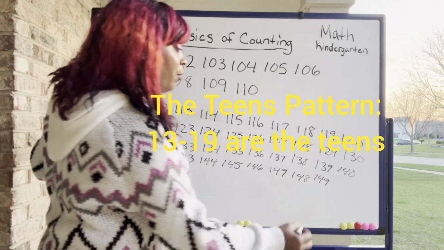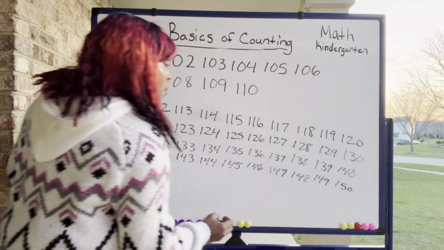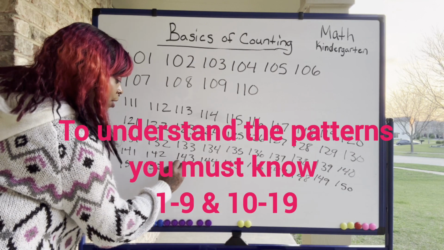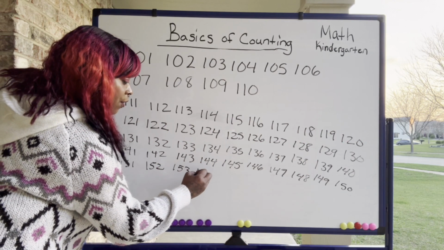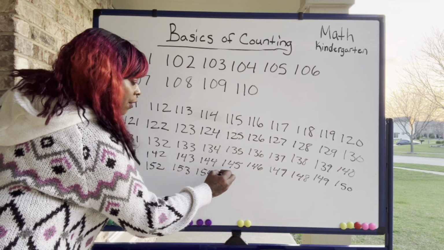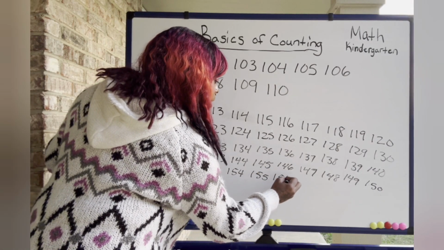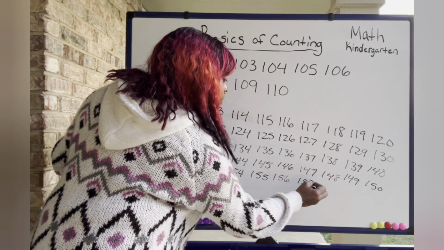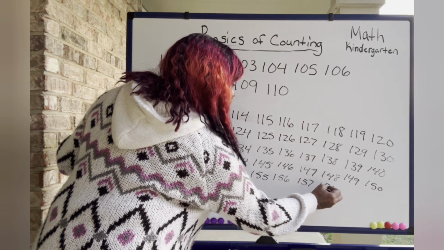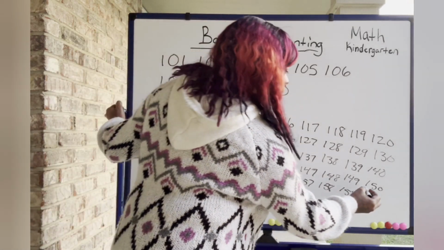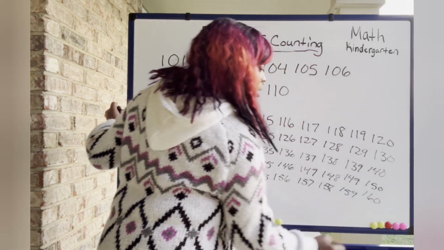It's 50, 150, 151, 152, 153, 154, 155, 156, 157, 158, 159, after 59, 60, so it's 160.